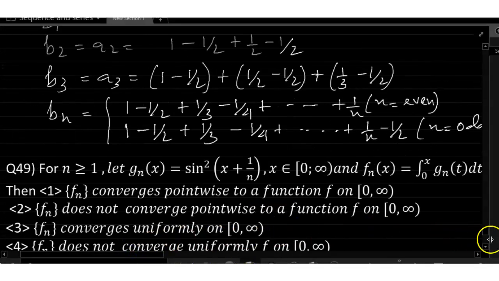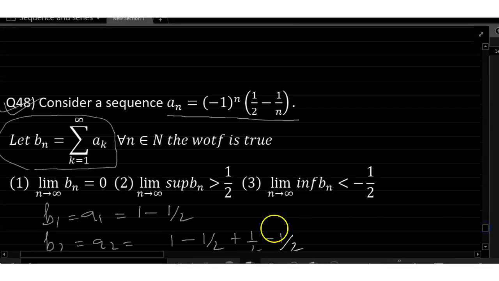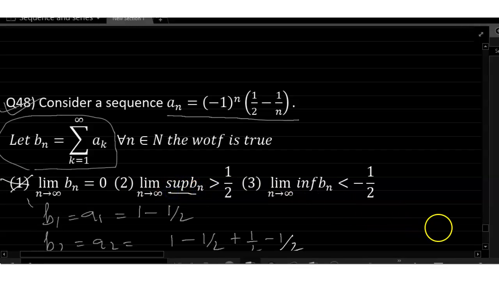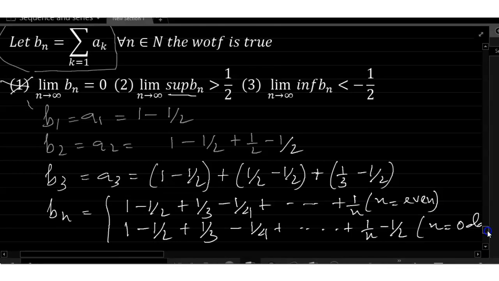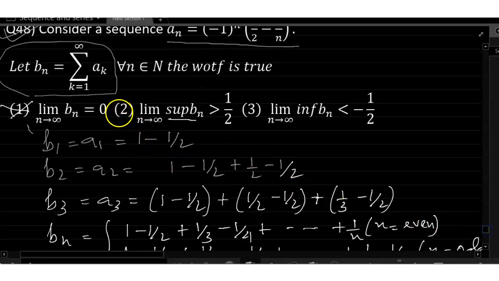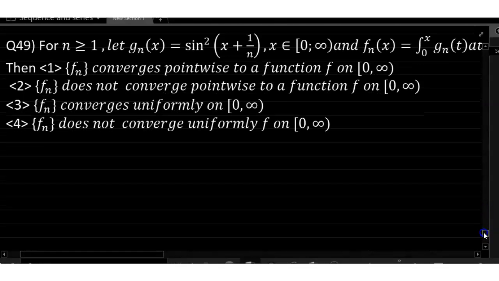Now the question is that limit n tends to infinity, supremum Bn equals to 2. Number 2, this is correct. And infimum Bn minus half, this portion is wrong. I hope I can clear this question.